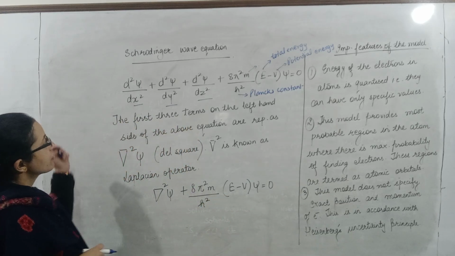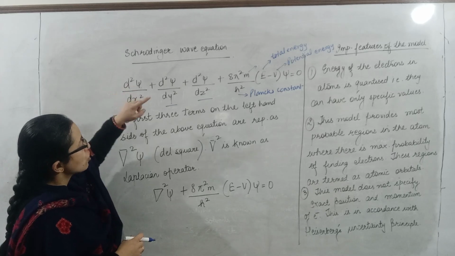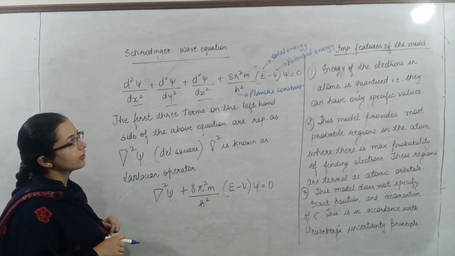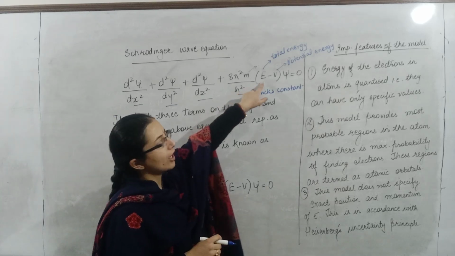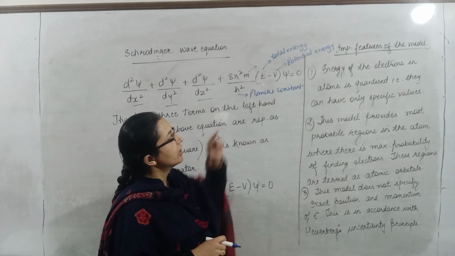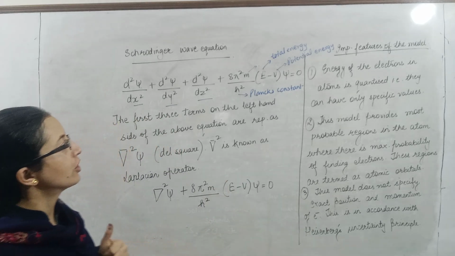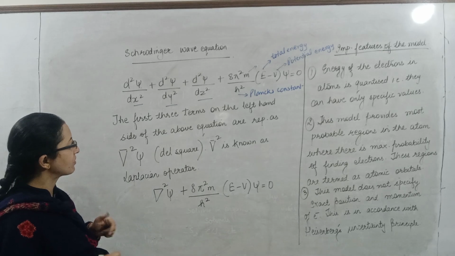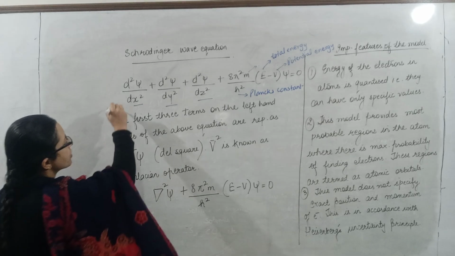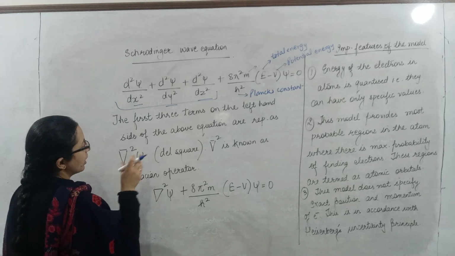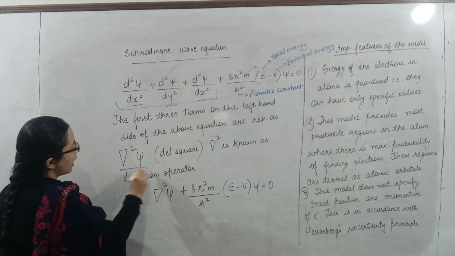Right? So from the knowledge of psi, we can solve this equation. And when you solve this equation, we come to know the value of total energy, potential energy, and three constants can be calculated like N, L, M, the quantum numbers that we call them. ठीक है, अच्छा यहाँ पर ये जो फर्स्ट थ्री टर्म्स हैं on the left hand side, इनको collectively जब हम लिखते हैं, we write them as del square psi.